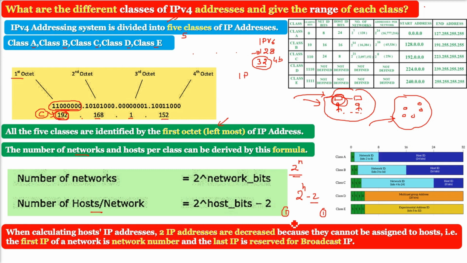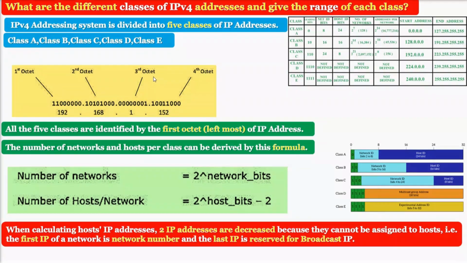So you will always see the number of hosts is 2 less than 2 to the power of host bits. All these classes A to E depend on the first octet. What are the bits being specified? They cannot change. For example, class E is 1111 in the leftmost bits of the octet.